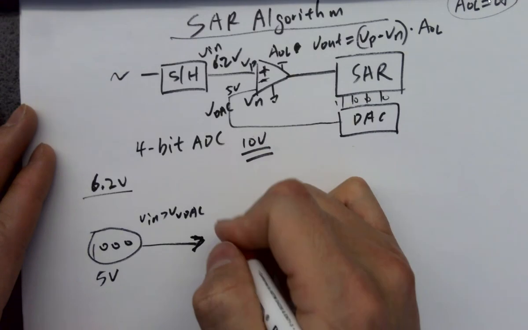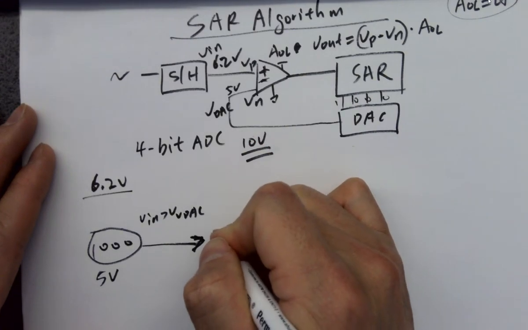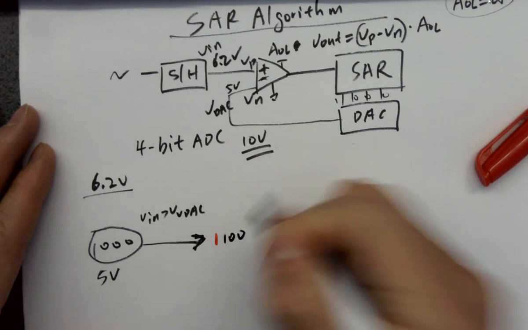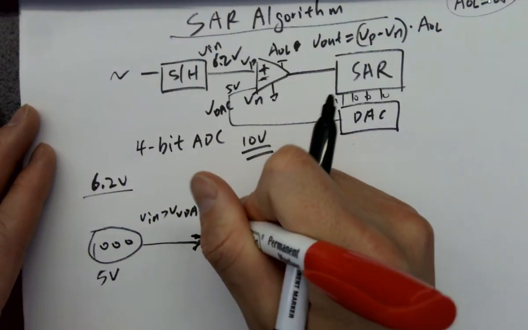So A3 is going to be a 1, right? And this is A3.